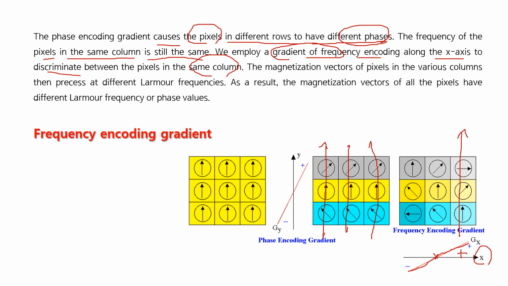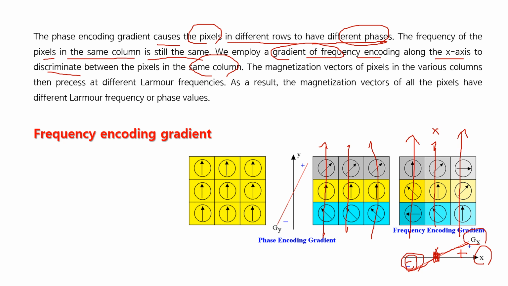Faster than that of this column. The frequencies of protons in this column do not change due to this gradient field because it is zero, right? But the left one, this one, the precession frequency is lower than that in this column because it's minus gradient field.